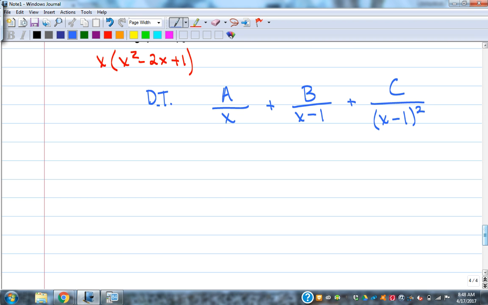Let's build our equation part out of that. So the A needs what? X minus 1 squared, okay? The B needs what? X and X minus 1, that's right. The C, just X. That's the easy one. Okay.